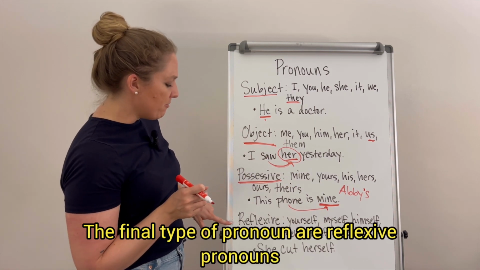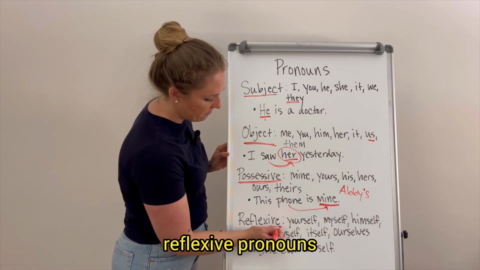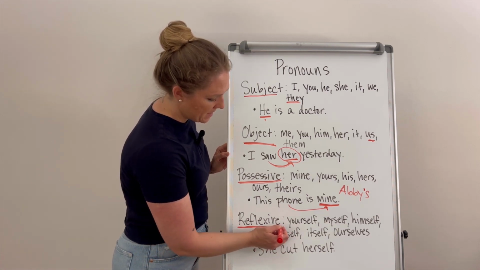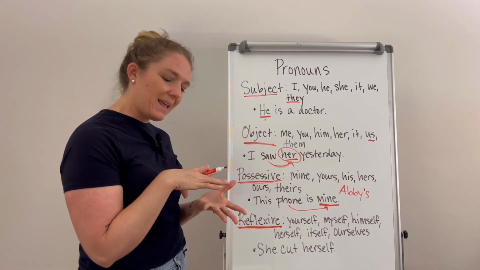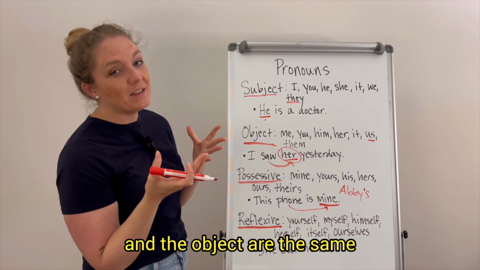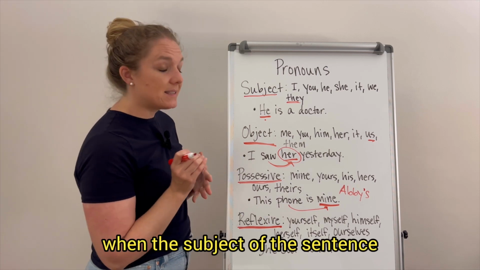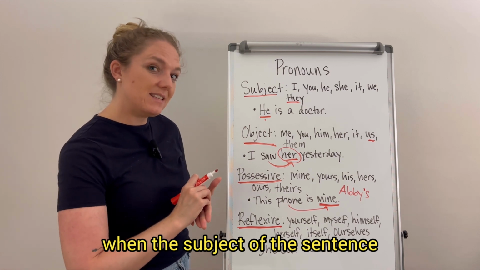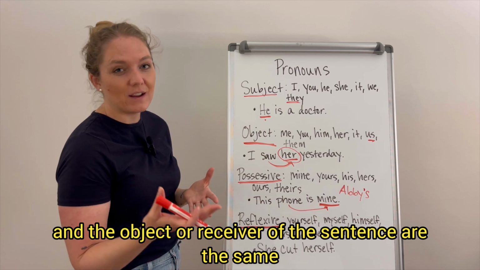The final type of pronoun are reflexive pronouns. Reflexive pronouns are used when the subject and the object are the same. Reflexive pronouns are used when the subject of the sentence and the object or receiver of the sentence are the same.